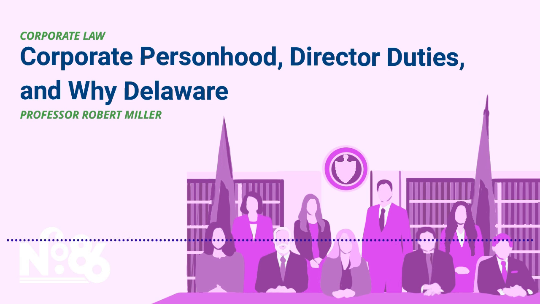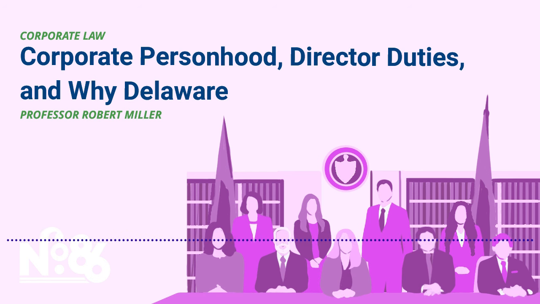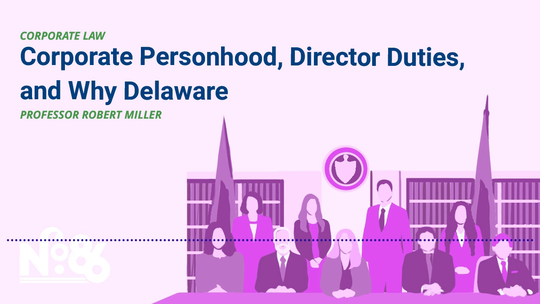Now, why is that? The answer is that if you look at what directors do, it's very different from what most other people are doing most of the time. This comes up clearly in the duty of care. If there is a car accident, almost certainly that has happened because somebody was operating their car negligently.